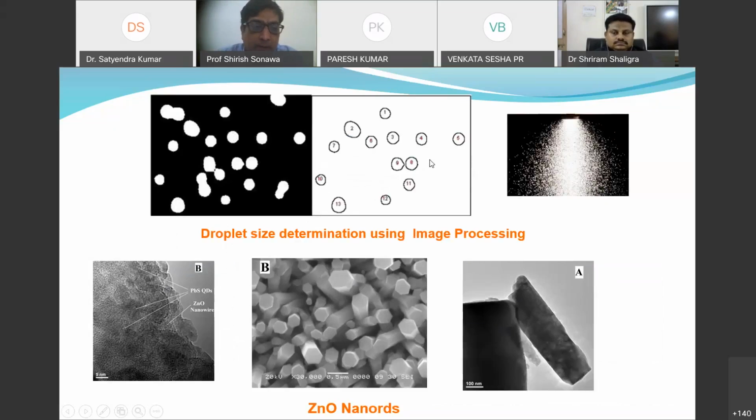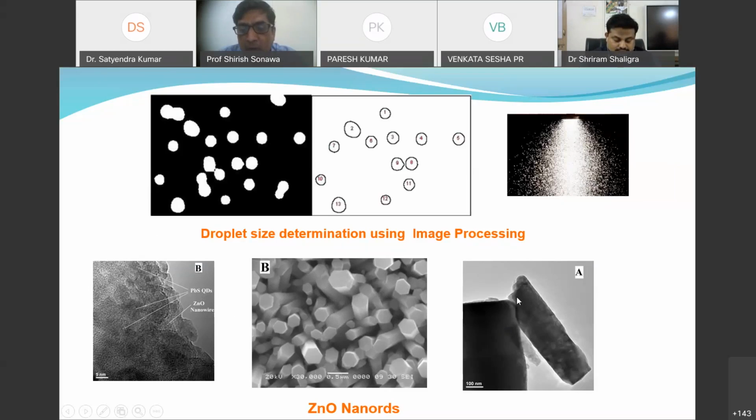Now you can see what I was discussing, how it has been impacting. In the middle figure, these are the nanowires or nanorods, you can say. This has a lot of application. For example, I can put some quantum dots on top of these rods, for example PbS, as shown here.